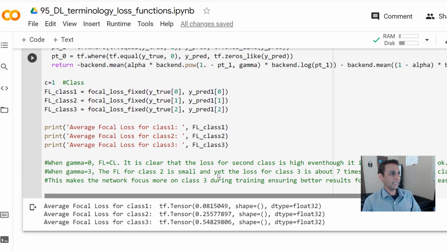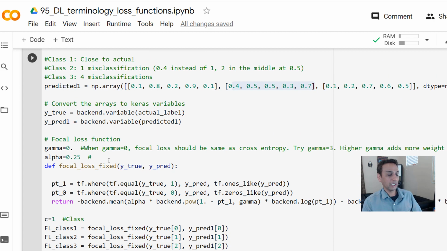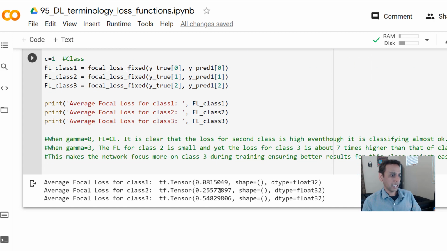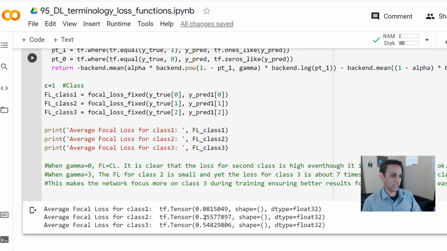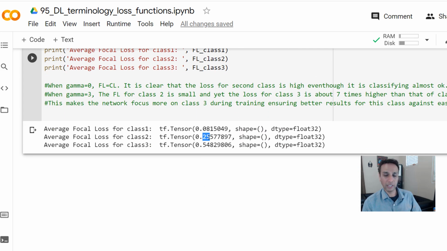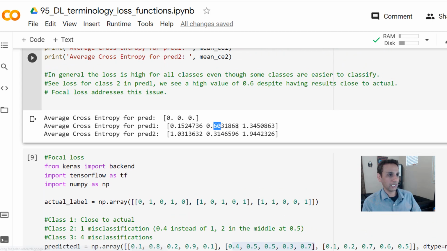Okay, so I hope this gives a good understanding. You can play with these numbers, but actually let's go back. I was wondering why this is not too high. Sorry, let me trace back a little bit. This is 0.25, this is 0.54, and here what do we have previously? 0.6 and 1.3.